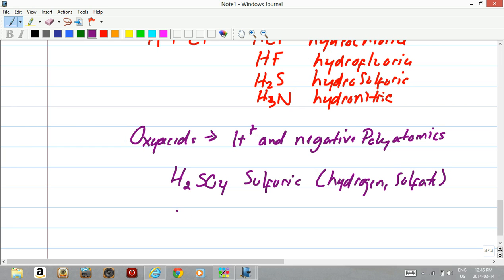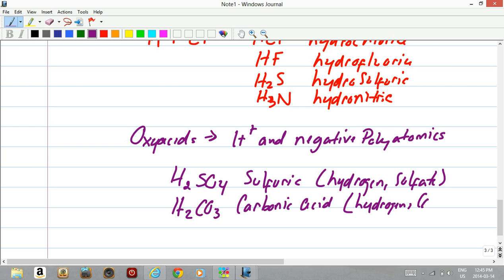Another example would be carbonic acid, which would be this. So that would be carbonic acid. And that would be a combination of hydrogen with carbonate. There you go. And then a third example would be phosphoric acid, which is a combination of, as we can see here, hydrogen and phosphate.